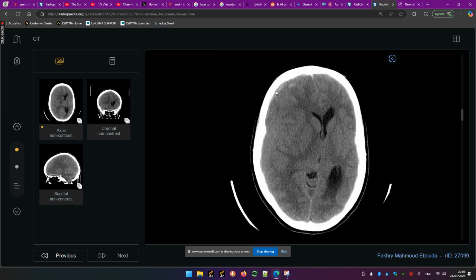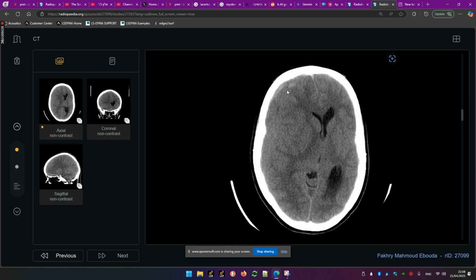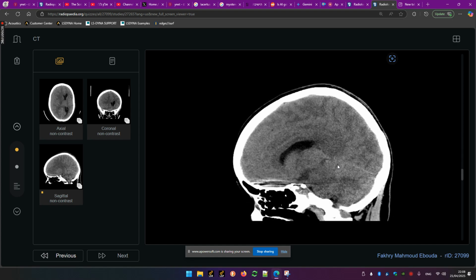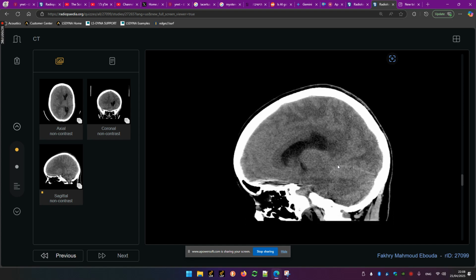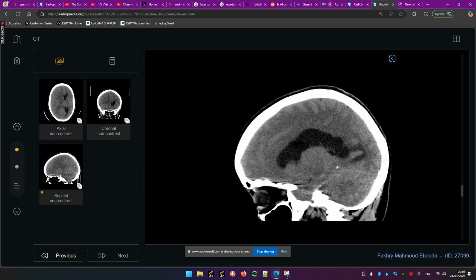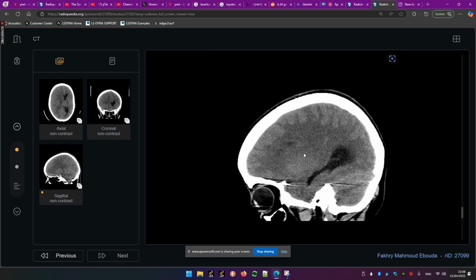So I think maybe there is some subdural right over here. I think it's maybe subdural. There is some confusion, maybe some space occupying lesion. I wish we'll get some more imaging, like of course an MRI. We've got some space occupying lesion right over here.